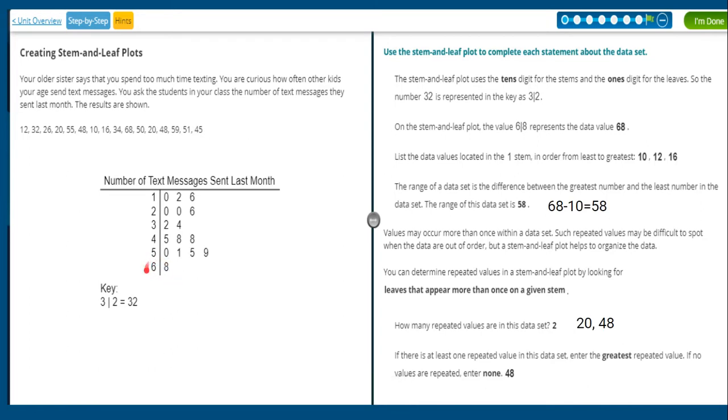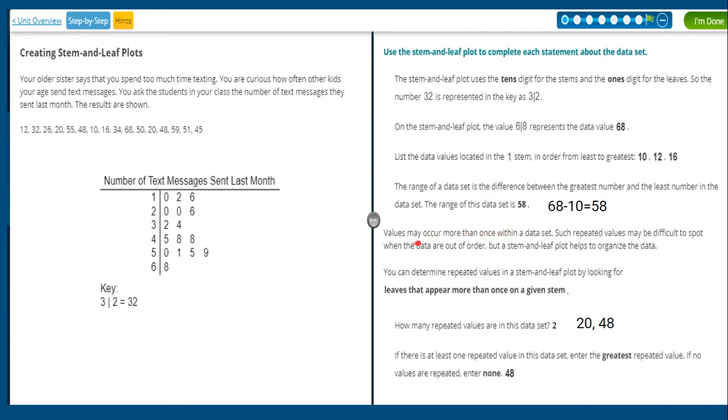That's the highest number in the stem and leaf plot. All right. The lowest number, or the least number, is the first number that you see in the stem and leaf plot. That is not the number 0. That is the number what? 10. So you take 68 minus 10 and you get 58. So that is the range. Take the highest number, subtract the lowest number, and that gives you the range.